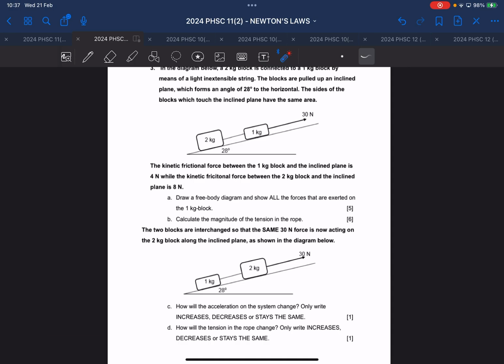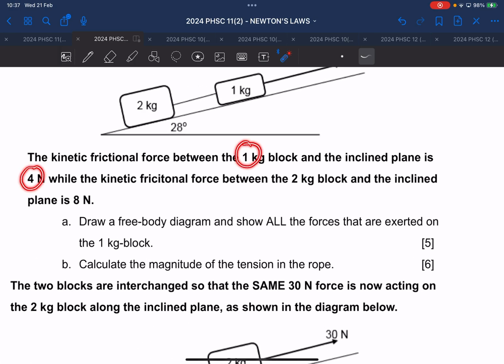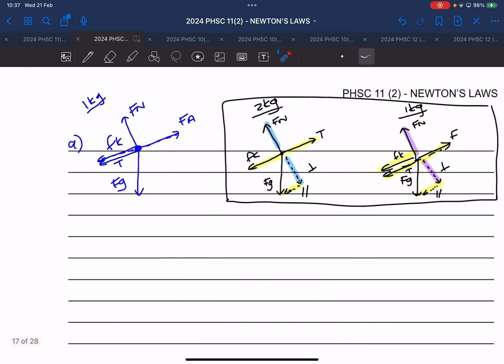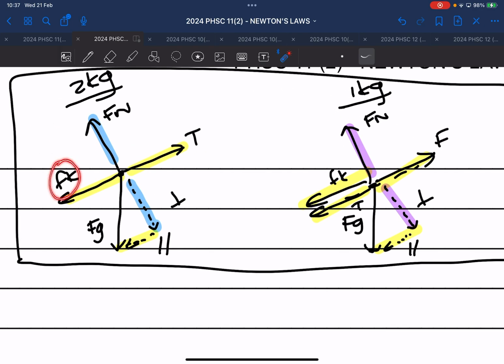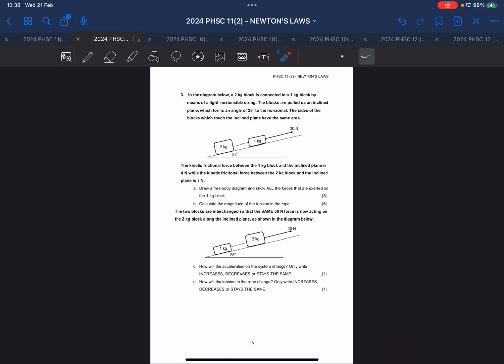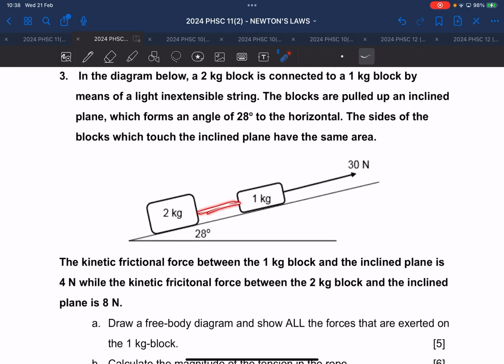No, because it's different masses, they have different frictions. So these 2 FKs are not the same. These 2 FGs are not the same. These 2 normal forces are not the same. What is the same is the 2 tensions are the same. Why? Because it's the same rope. It's one rope. So same rope, same tension. It's just in opposite directions.